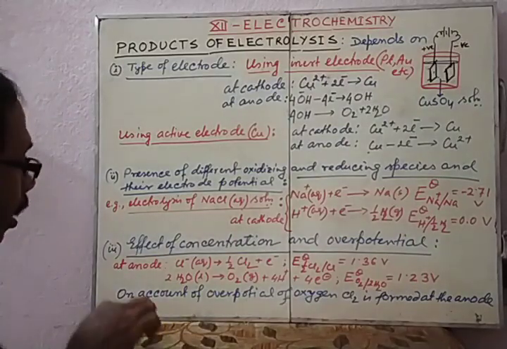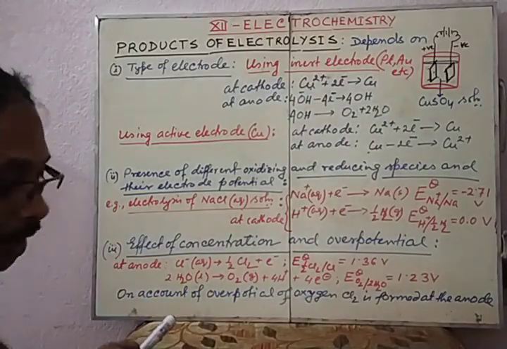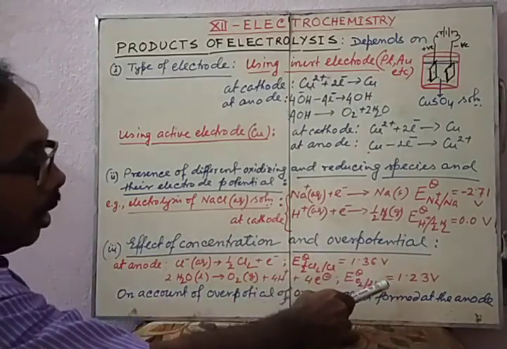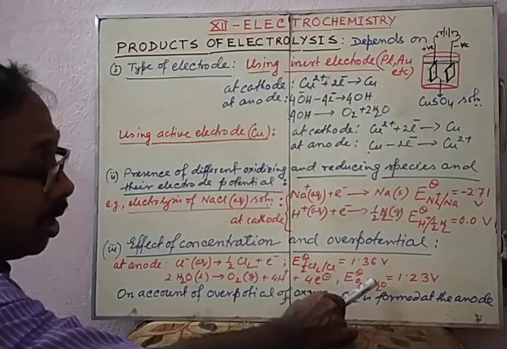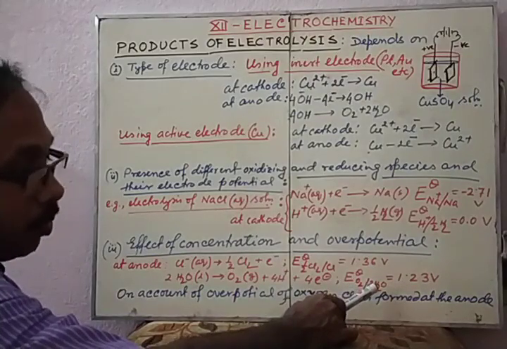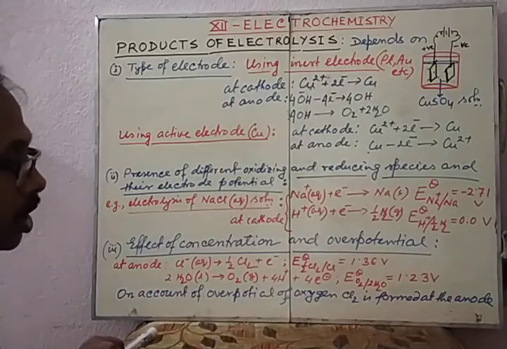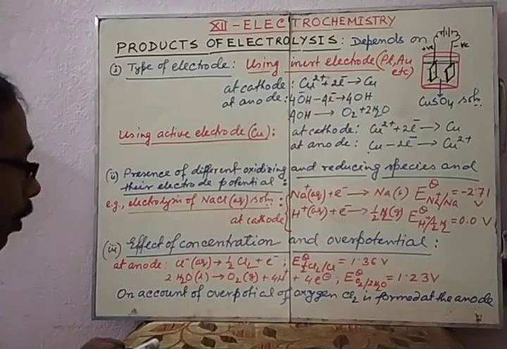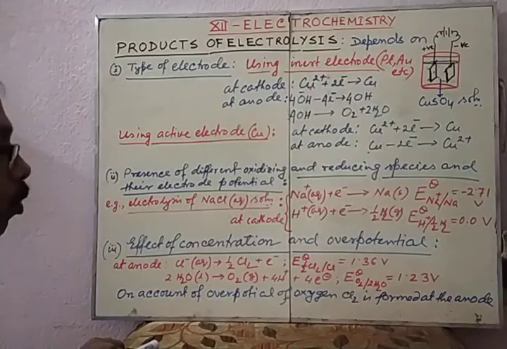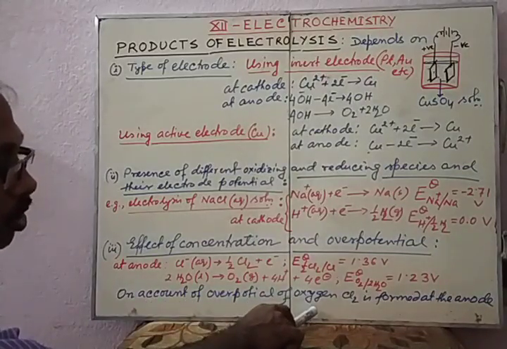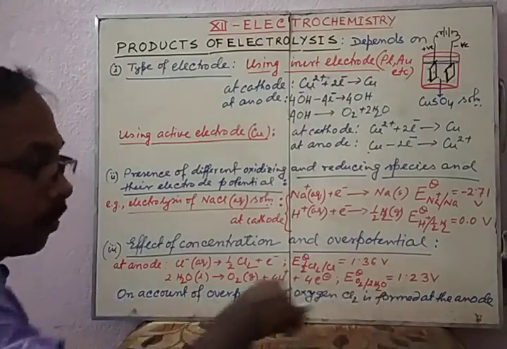For the preference of reaction at the anode, we can talk about the reduction potential: the lower the reduction potential, the greater the preference. Therefore, oxygen must be discharged at the anode, but on account of the overpotential of oxygen, Cl2 is preferred at the anode.